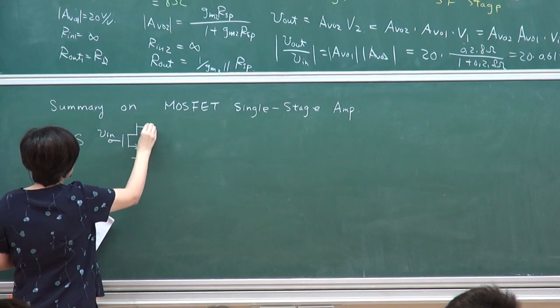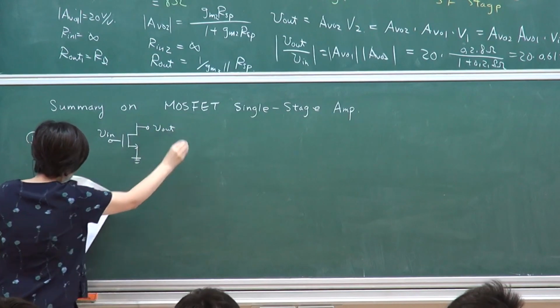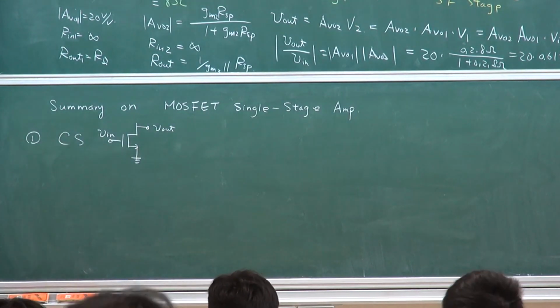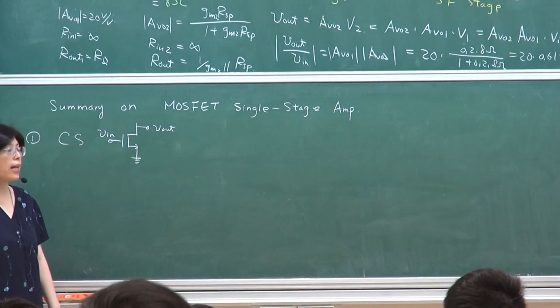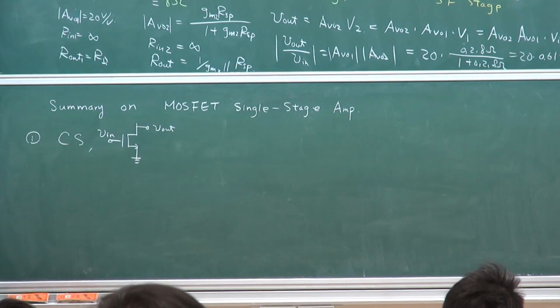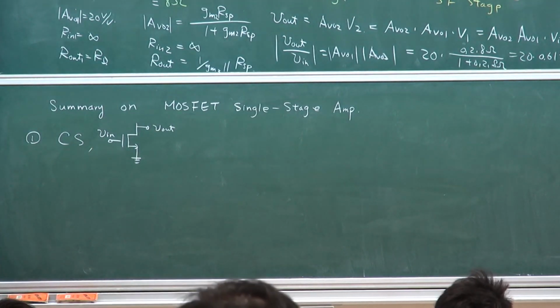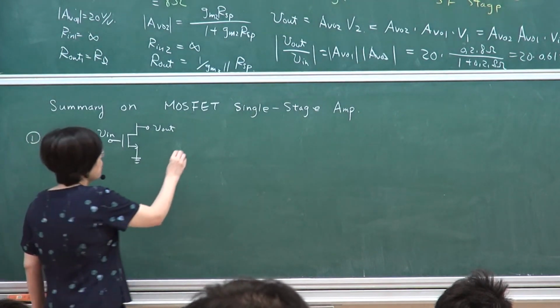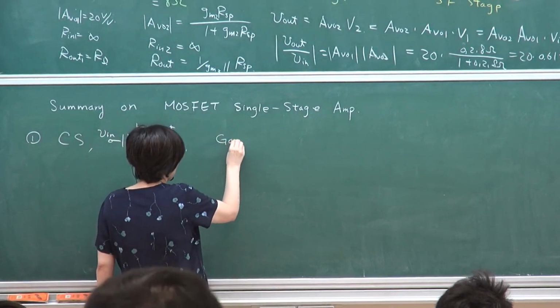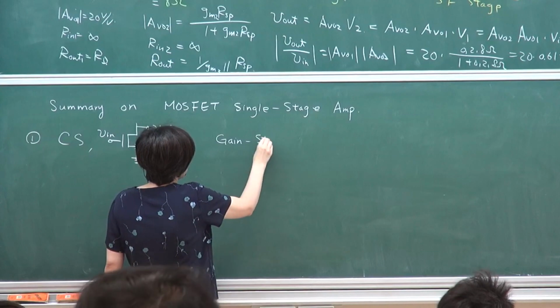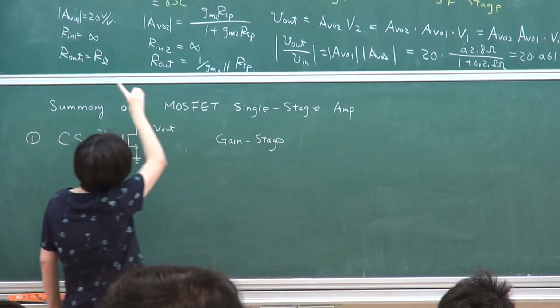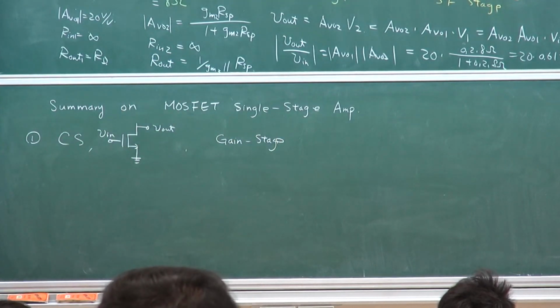In, out. Something like this. If you look at an analog circuit architecture, common source is very commonly used as what we refer to as the gain stage. If you use the example above, that's the part that is actually providing most of the gain.